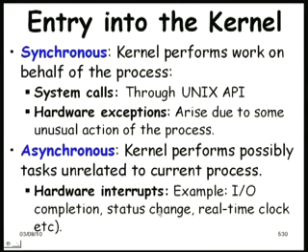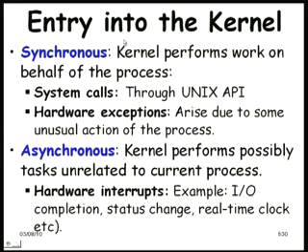The entry to the kernel can either be synchronous or asynchronous. In a synchronous entry, the kernel performs work on behalf of the process. For example, making a system call is synchronous, or some hardware exceptions, let us say a divide by 0 error exception, need to be handled.